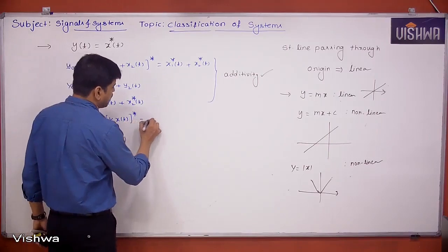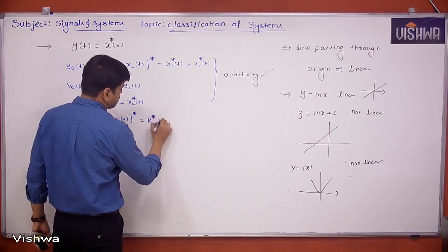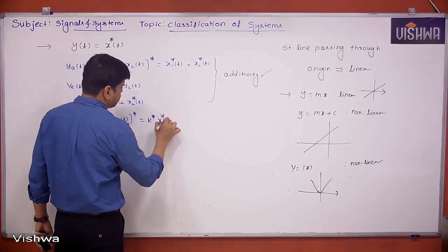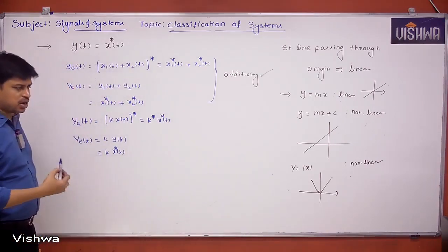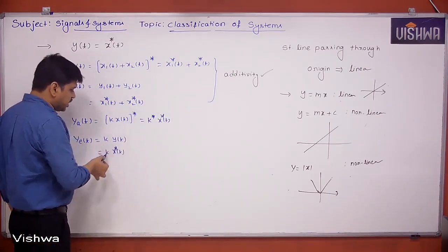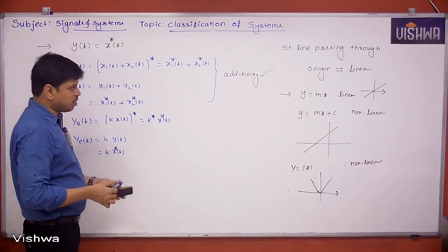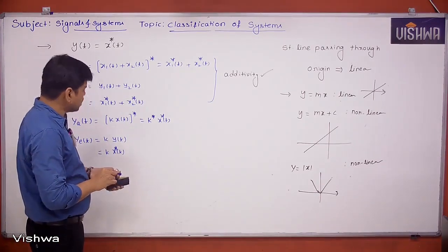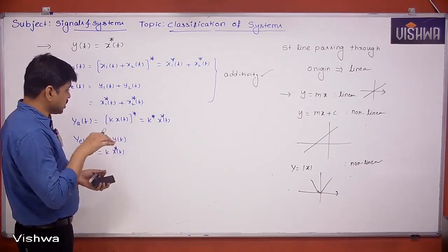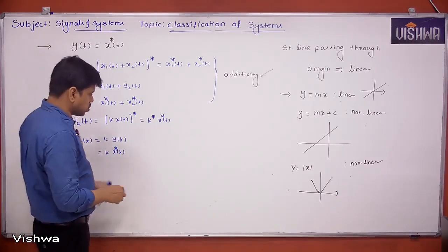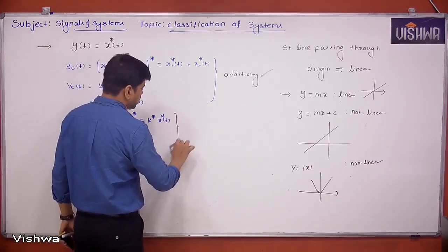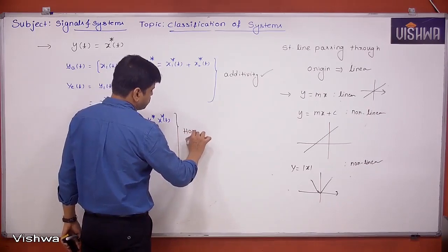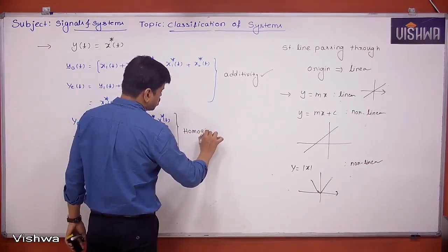The actual output can be expanded like this: k conjugate times x of t conjugate. I told you k can be real or complex. So k conjugate and k are not equal if it is a complex number. If it is a real number, it's okay, but we don't have to consider only real; it can be a complex number also. So it is not satisfying homogeneity.